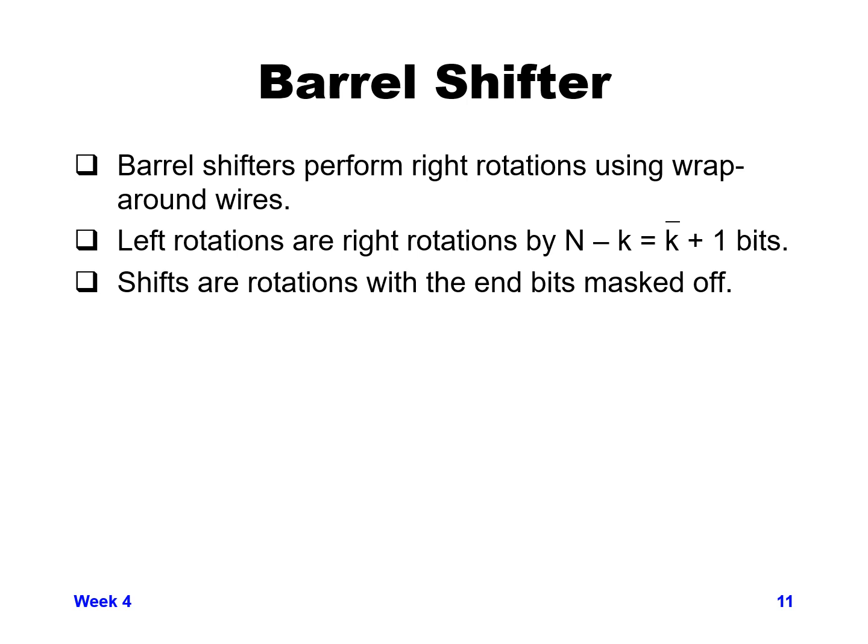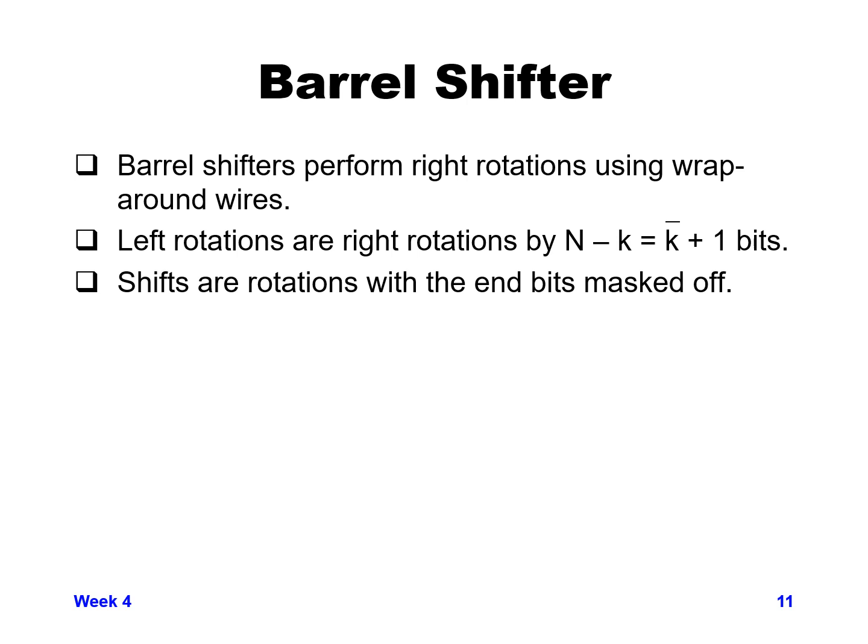Now, the thing to keep in mind is, if you're only doing right rotations, what if you want to do a left rotation? It turns out a left rotation can be done by noting that it's a right rotation by n minus k bits, where k is the number of bits that we're rotating.